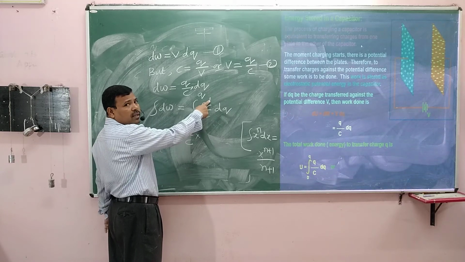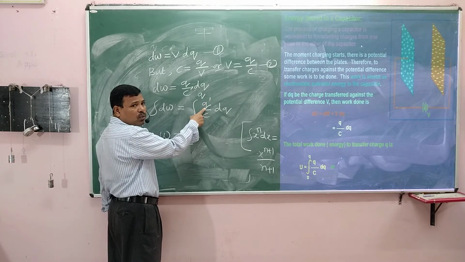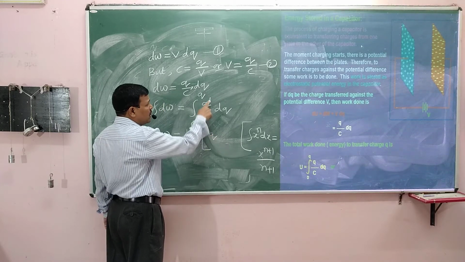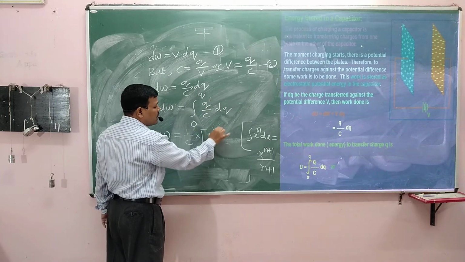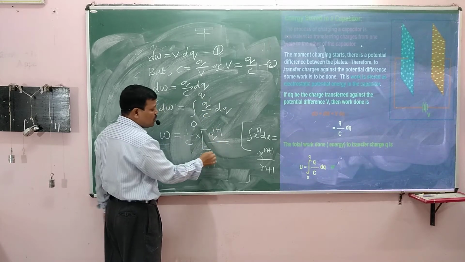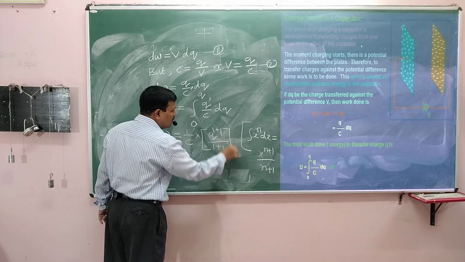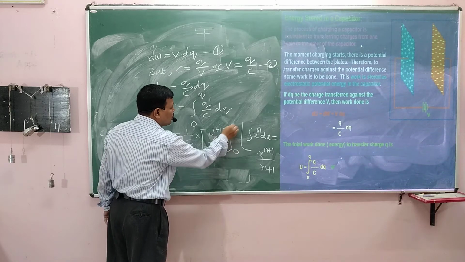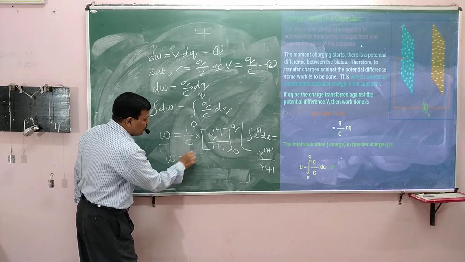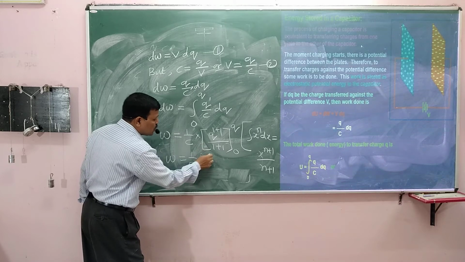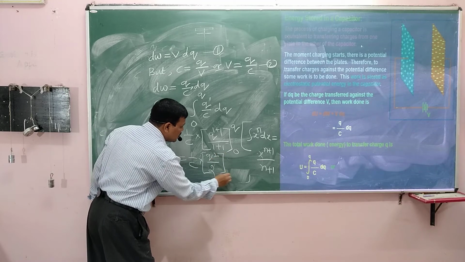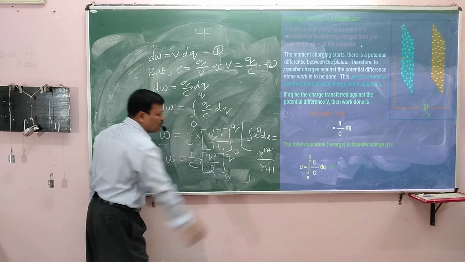Here, the value of n is 1 and x is Q. So Q raised to 1 plus 1 divided by 1 plus 1, with limits from 0 to Q. So here W is equal to 1 upon C into Q square by 2, and substitute the limits from 0 to Q.